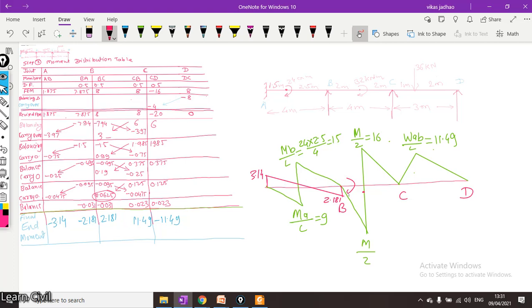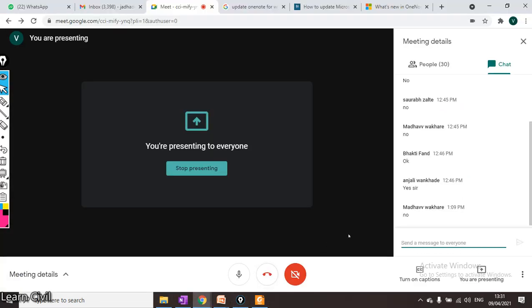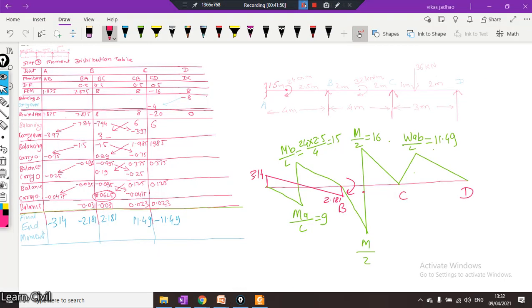Now for BC the bending moment value is plus 2.181, so we have to draw this on the clockwise face.